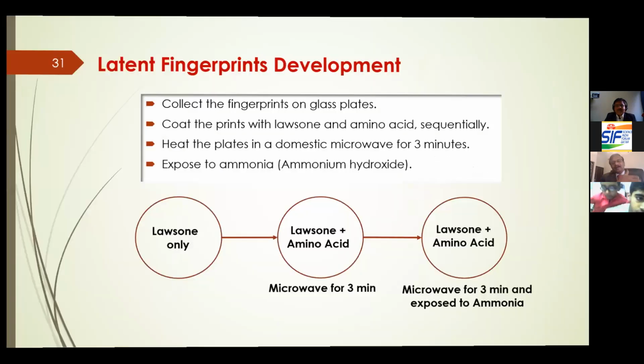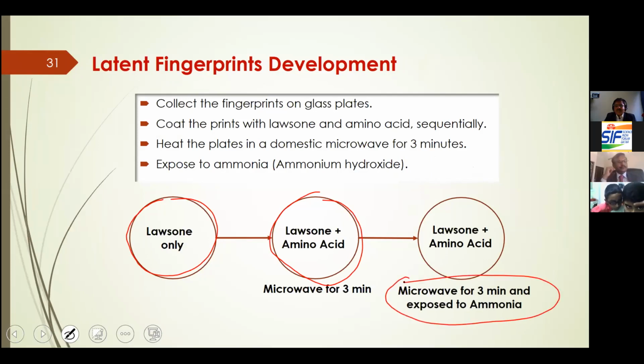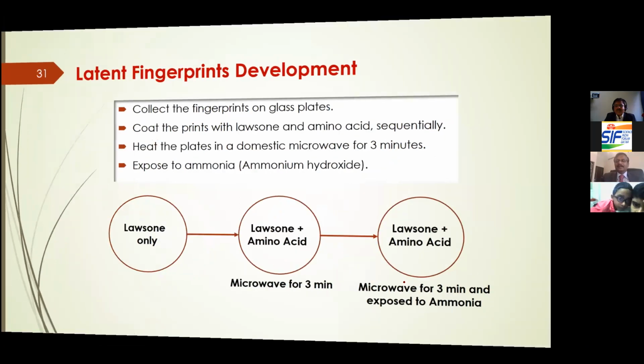Okay, so I asked the students to do an experiment. They would take a little glass plate and make an impression, add Lawsone first, and then add some amino acid on top of it, and then you heat it for about 3 minutes in a microwave, a regular microwave that you use at home. And they did.